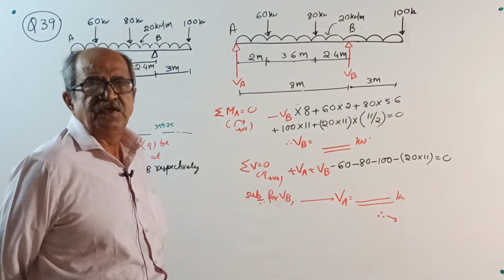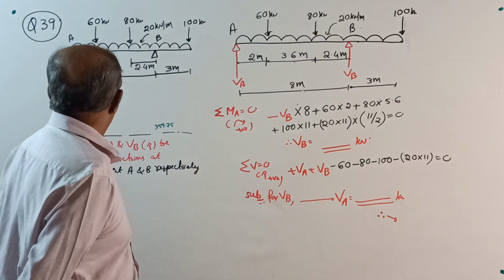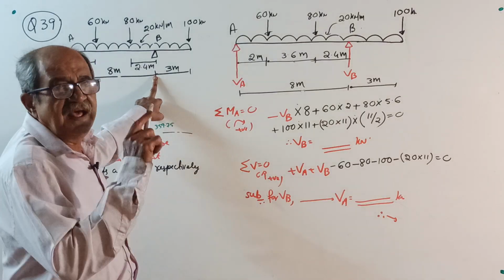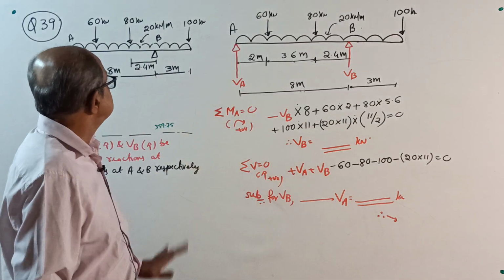The words I will give only for this question. A beam has a simply supported span of 8 meter. It has a right overhang of 3 meter.